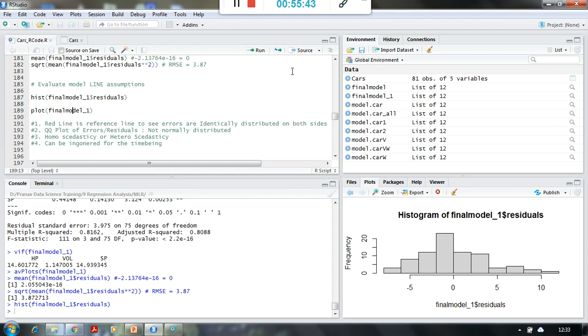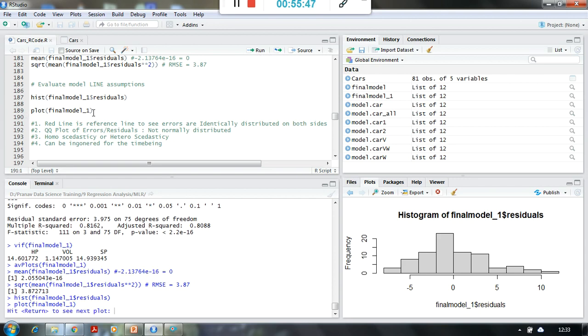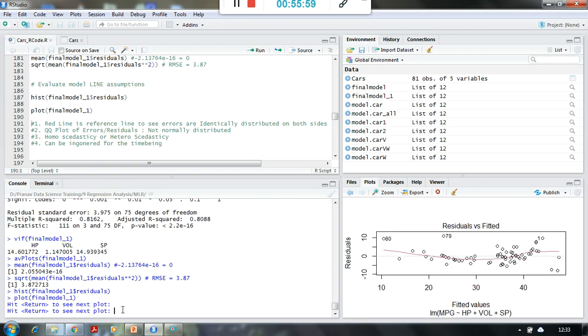I am executing this line of code, plot final model _1, and you can see over here it is saying hit return to see the next plot. So I simply have to press the enter button to get the plot.